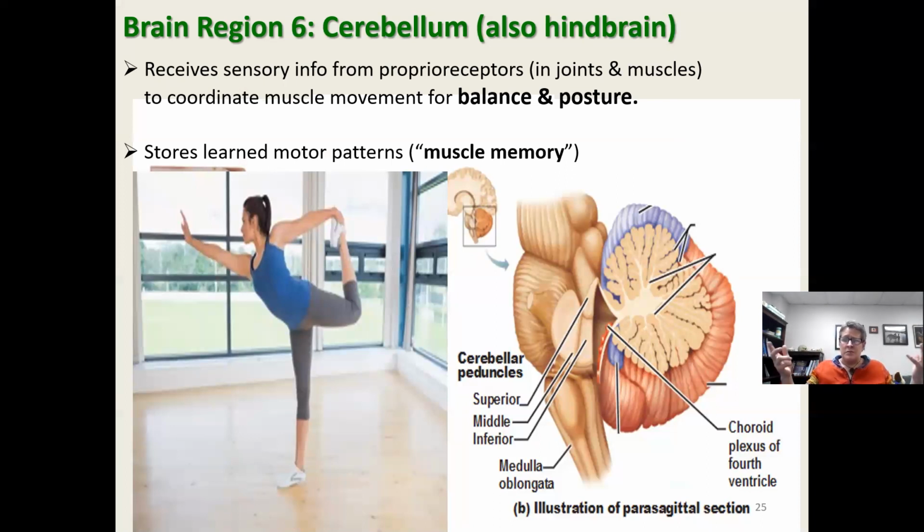Do you have to relearn riding a bike? Or you can pretty much get on the bike and the muscle memory is there, right? You kind of remember how to do it automatically. That pattern of muscle movements involved in balance, such as on a bike or a rollerblade or a skateboard or whatever. Once you've learned the muscle memory pattern, you don't have to relearn it.